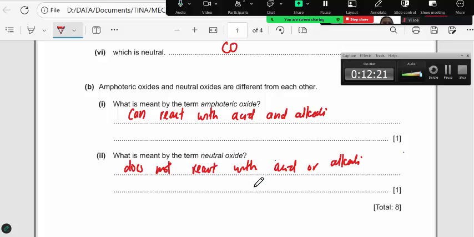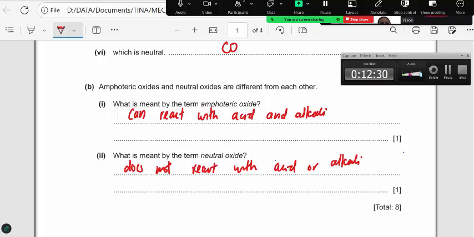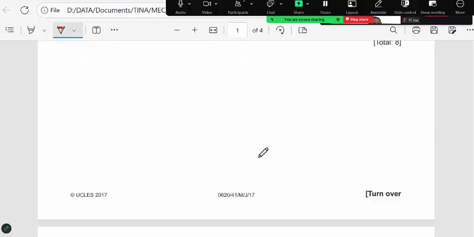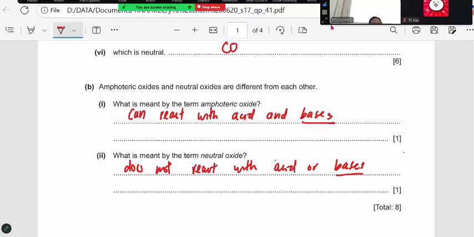Can understand? Okay, good. Try and do question 3. So remember this one? Put it as base, not alkaline.